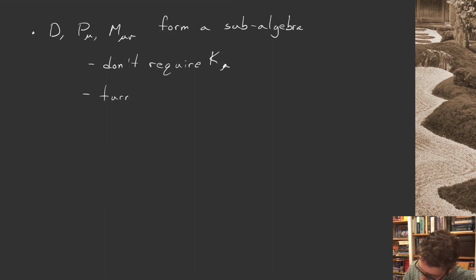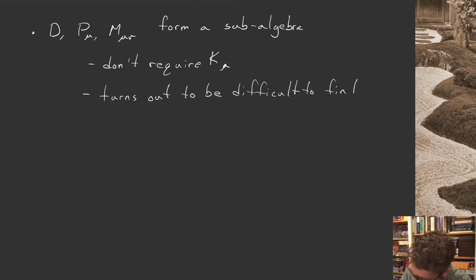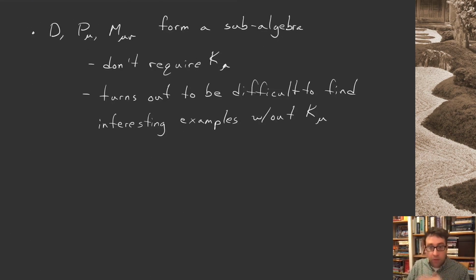But that said, physically, it turns out to be difficult to find interesting examples that do have scale invariance but fail to also include the special conformal transformations. In 2 dimensions, there's some sense in which it's just impossible, also in 4.